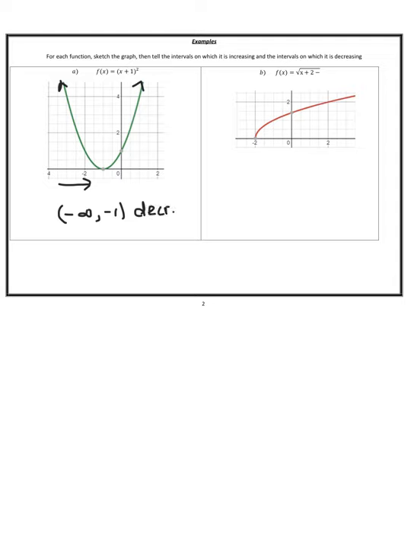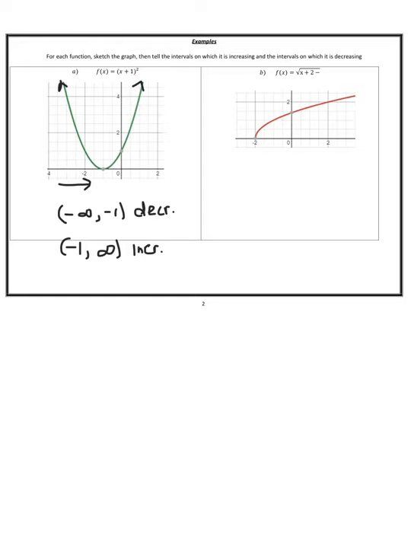It's going down. If you look at from negative 1 to infinity, you can see it is increasing. The values are increasing. So that's how we write it as an interval, and we focus on the domain.